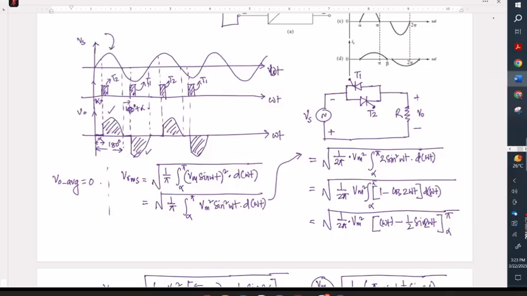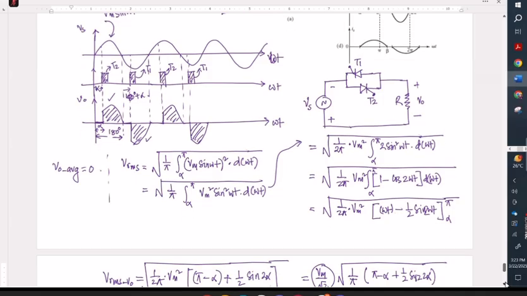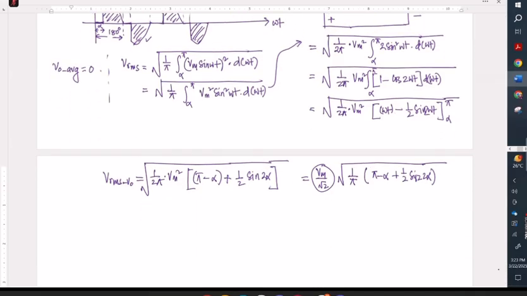The input voltage, right? If I consider this to be my Vm sine omega t, then this Vm over root 2 is the RMS value of the input voltage. So the output should be the RMS value of the input voltage multiplied by the square root of 1 over pi times pi minus alpha plus 1 over 2 sine 2 alpha.